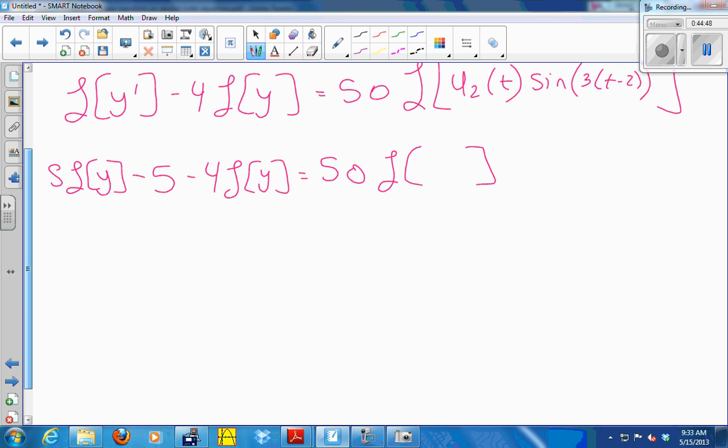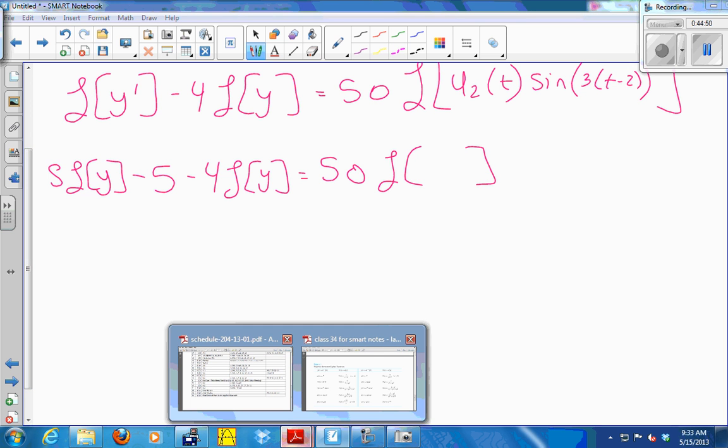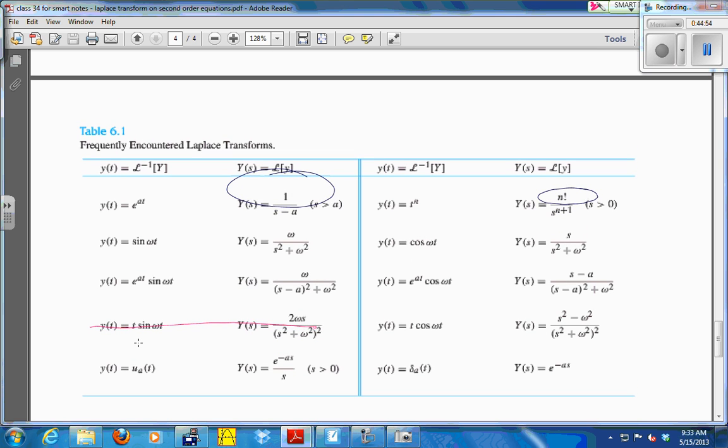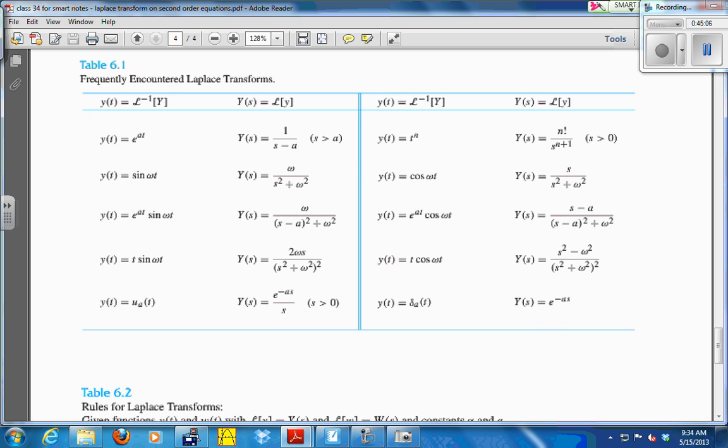So yeah, let's write it down. The Laplace of u sub 2 times the sine of something. So where is that?